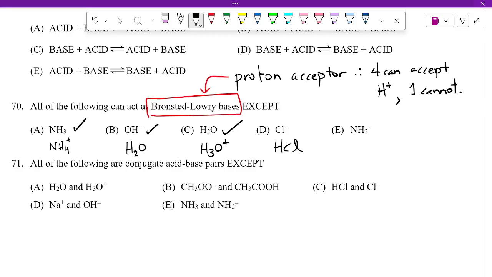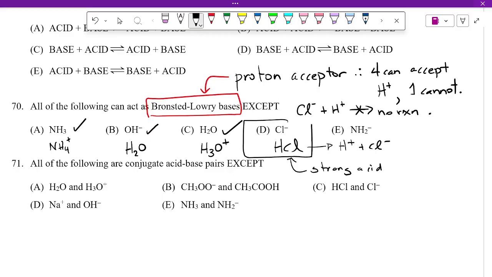Technically, but the problem is that when you have a strong acid, it goes forward, right? It cannot go in reverse. So if I was to take Cl minus plus H plus, I would get no reaction. So the answer then is D.